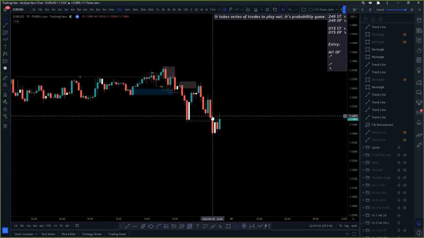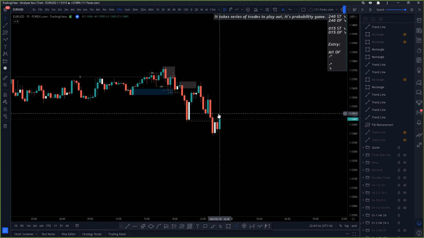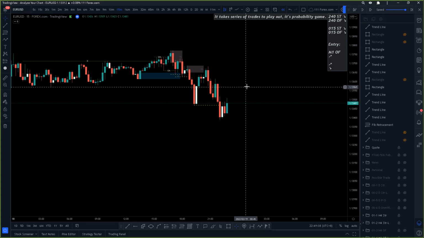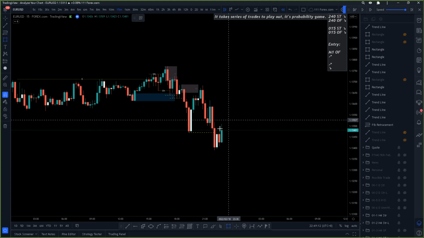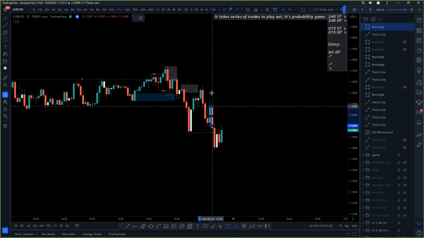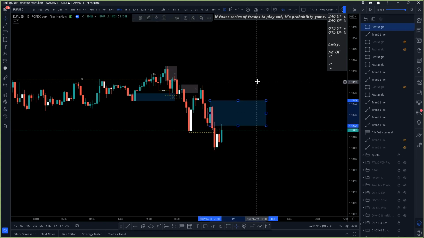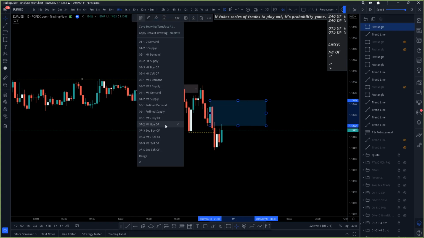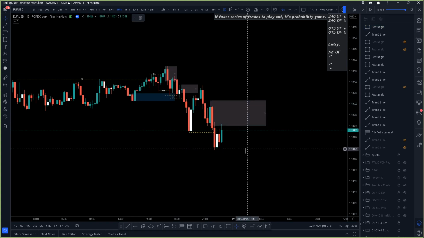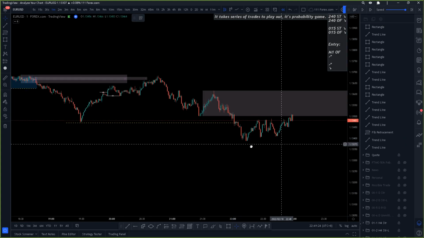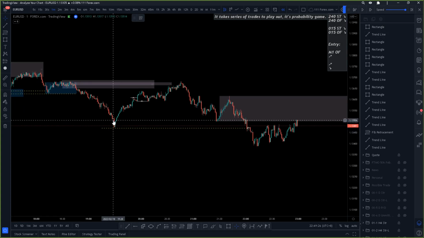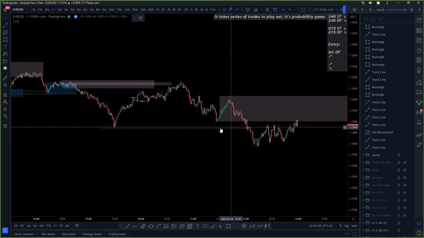So I can enter here or wait for the price to tap into this big buy to sell candle. Okay, let's see how it reacts.